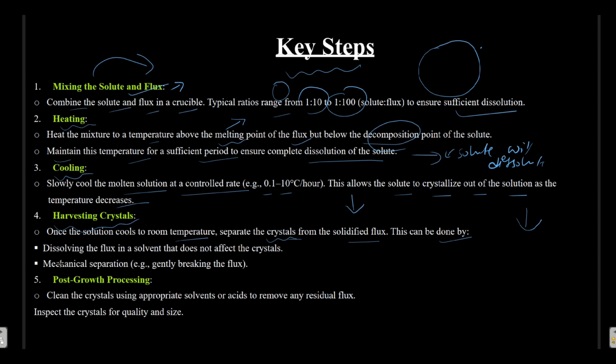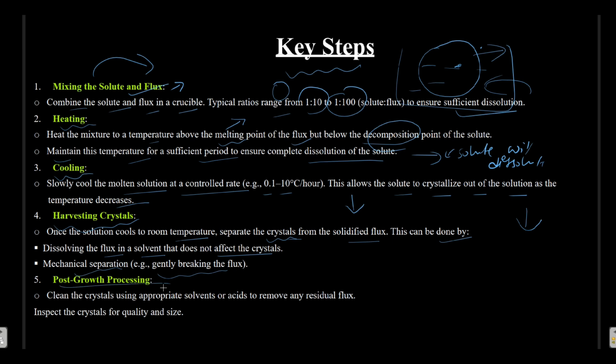The first is dissolving the flux in a solvent that does not affect the crystal. So the flux with the solute or crystal is placed in a solvent where the flux gets dissolved but the crystal is not dissolved. Another method is mechanical separation, that is gently breaking the flux and extracting the formed crystal.